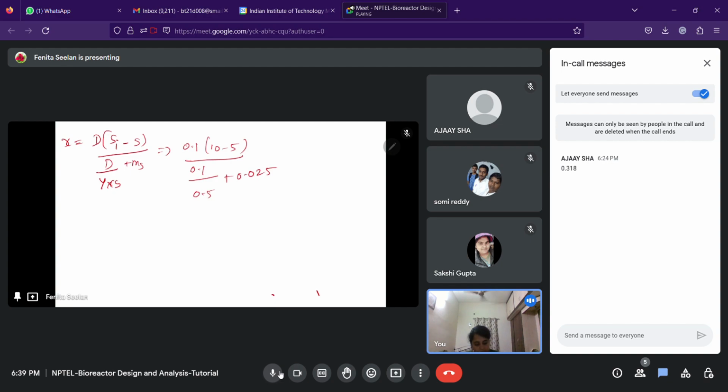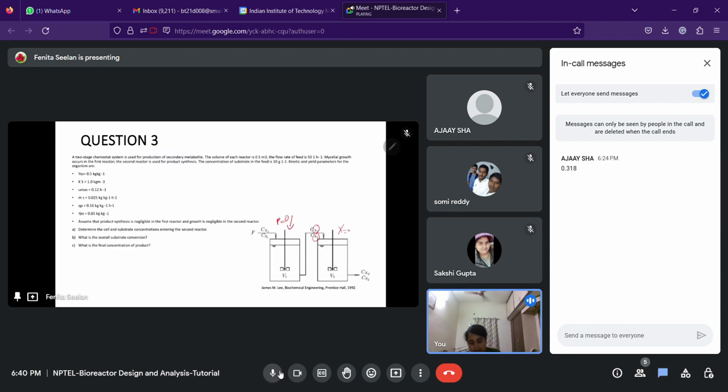What would be the answer for X? Around 2.22 kilogram per meter cube. So this is the concentration of X.